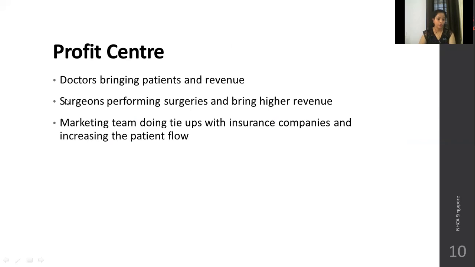That's a higher revenue. The marketing team will do tie-ups with insurance companies so reimbursement is done on time. They will try to get their hospital empaneled in the maximum number of insurance companies, so that will increase the reimbursement as much as possible. So those are direct profit centers. This is how a profit center works. On a standalone basis, they create their own revenues and earnings, and they make direct profit for the institution.